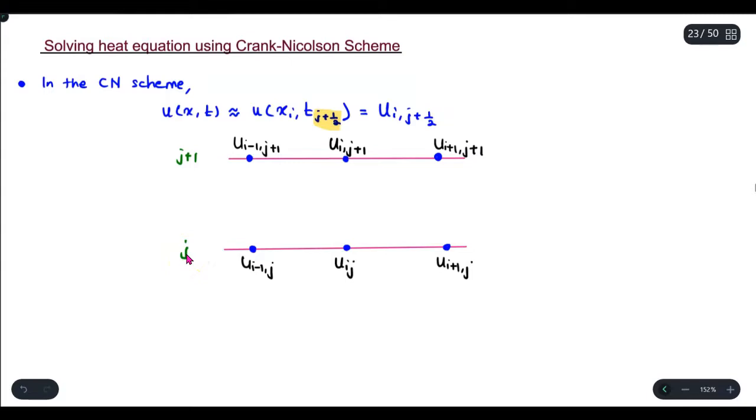By the Crank Nicolson scheme, you have a point in between. If we locate u(x_i, t_(j plus half)) or u_i^(j plus half), it should be here. This is where you have your u_i^(j plus half).